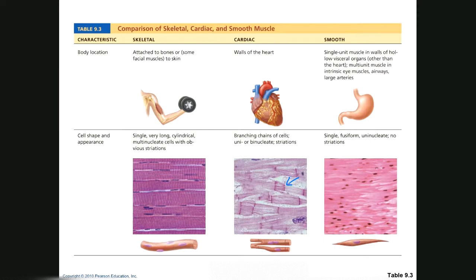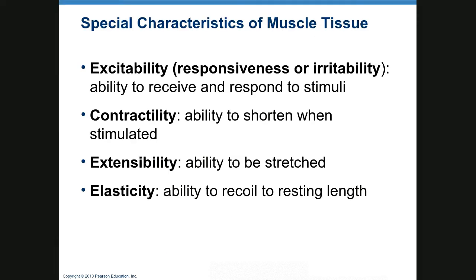In smooth muscle, you don't have this distinct striation. You still have your actin and myosin. You just have individual little cells, and they have the same fine-tuning control that you have with the other types of muscle.